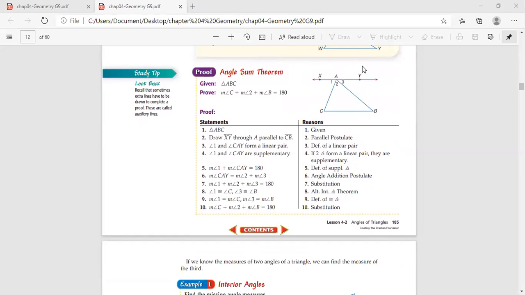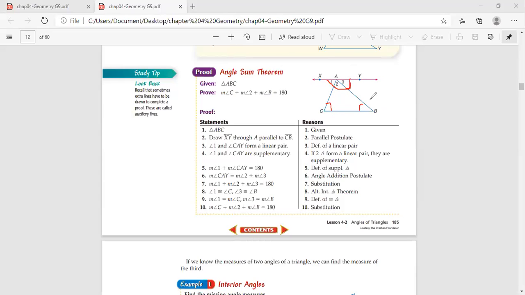When we have a line XY parallel with line BC, then angle 3 will be equal to what? Equal to angle B, alternate angles, because it looks like the letter Z. And angle 1 will be equal to angle C. Then 1, 2, and 3, their sum equals 180.